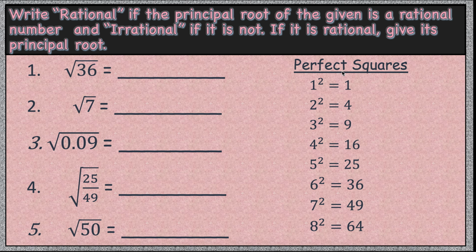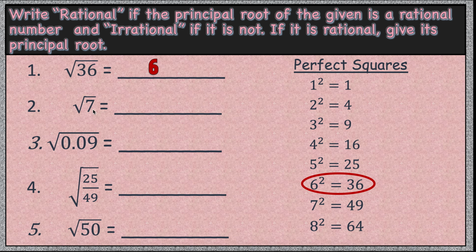These are the first 8 perfect square numbers: 1, 4, 9, 16, 25, 36, 49, and 64. 36 is here, so it is a perfect square. So the principal root is 6. To check, when you multiply it by itself, the answer is the radicand, 36.